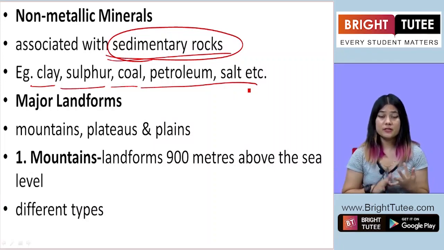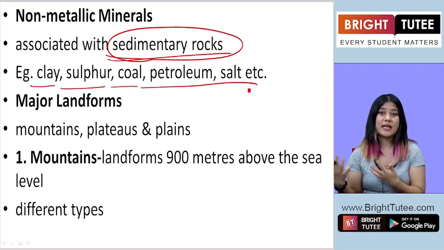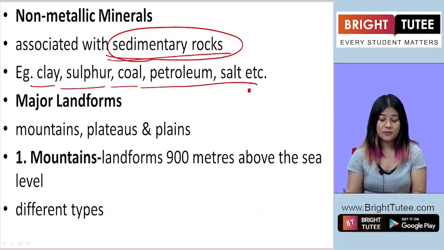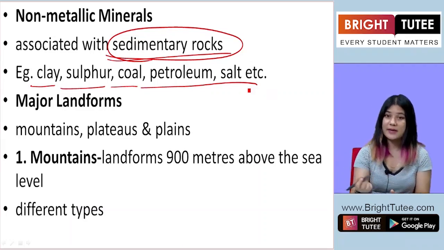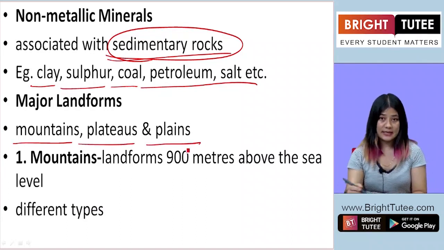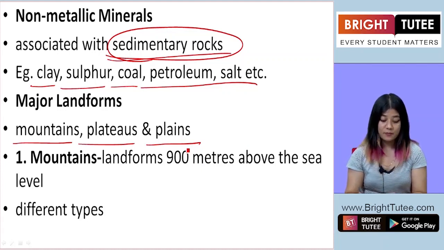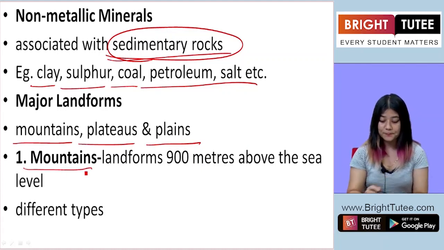Now, apart from minerals and rocks which are found on the Earth's surface or Earth's crust, there are landforms as well. These landforms are basically mountains, plateaus, and plains. These are the three major landforms. Now, let's look at mountains.